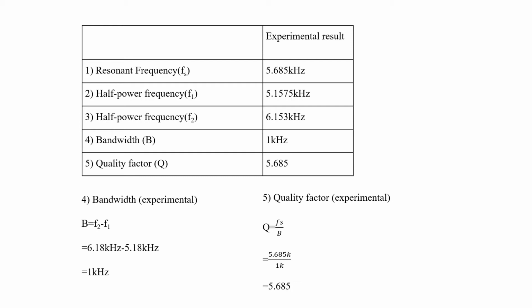Next, we calculate the quality factor by using resonant frequency divided by bandwidth, and then we get a quality factor of 5.685. So that's all for the RLC series resonant simulation.